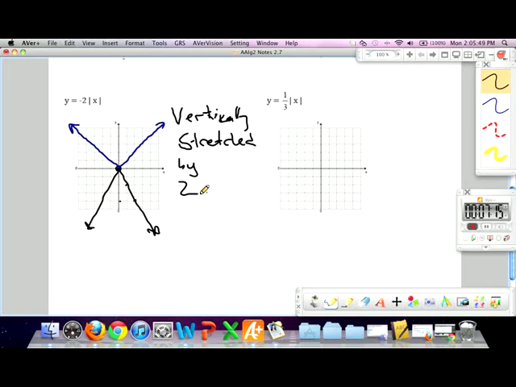Instead of coming up, it's now been flipped down. What's another word for flip? Reflected. Nice. This has also been reflected. So your last one is vertically shrunk by a factor of 1/3.